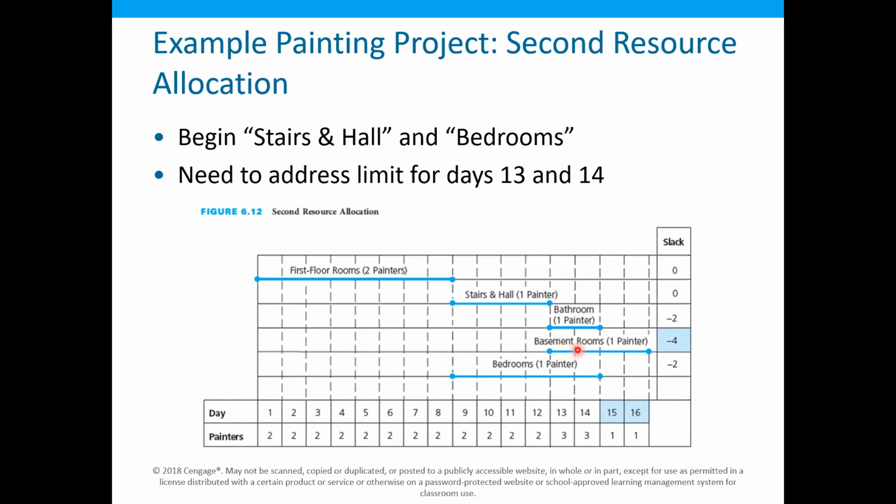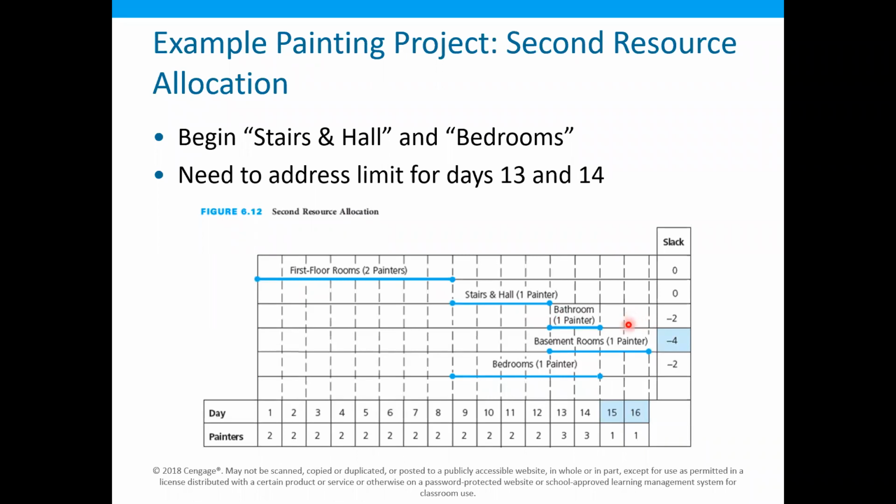So in this case, the basement room activity will be scheduled over here. That means we will not change it, and we will change the bathroom one painter activity by a further 2 days. So from here it will become a further 2 days delay.